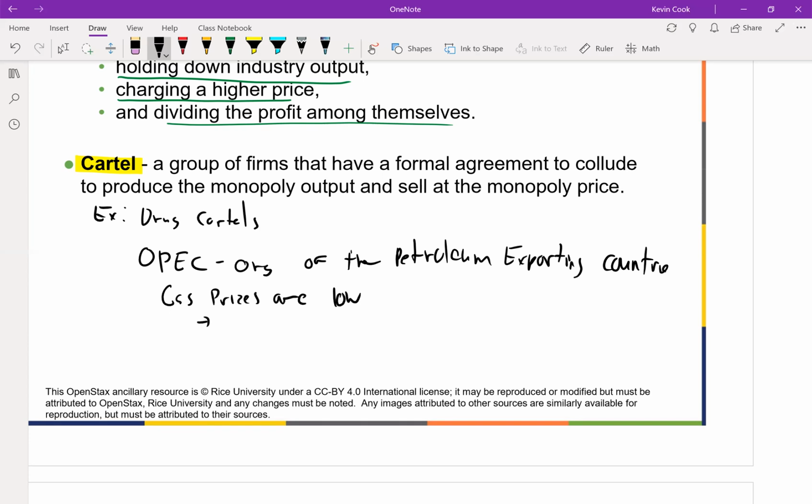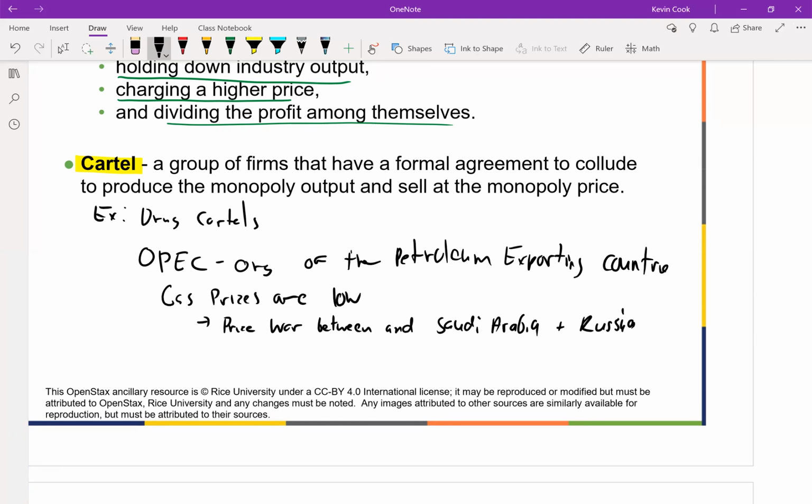But another thing going on is a price war between Saudi Arabia and Russia. Whereas normally what would happen? So coronavirus comes in, right? Everybody starts to stay home, yada yada.